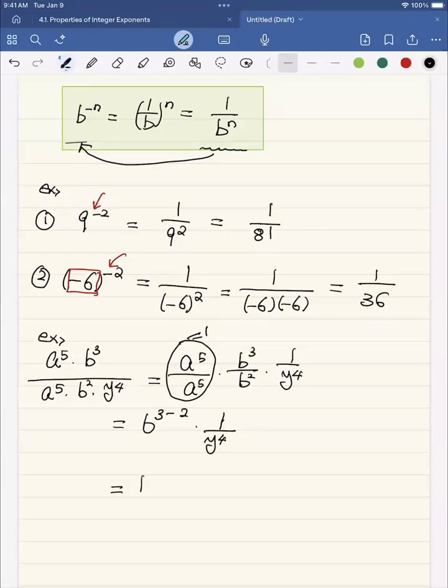So this one is b to the 1 power times 1 over y to the 4th power. B to the 1 power is b over 1. So that is b over y to the 4th power. So b over y to the 4th power is the final answer.